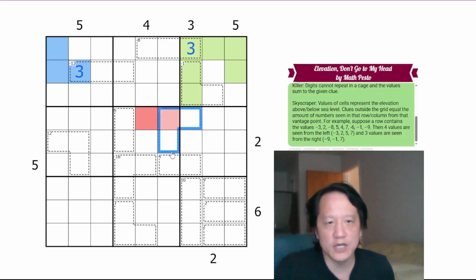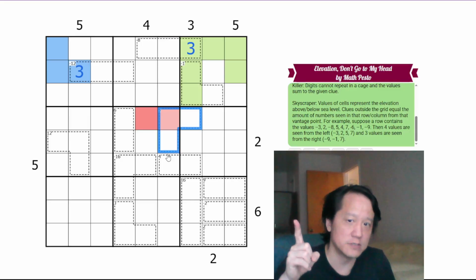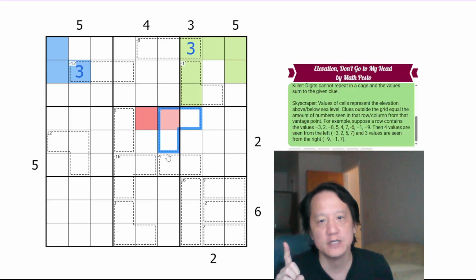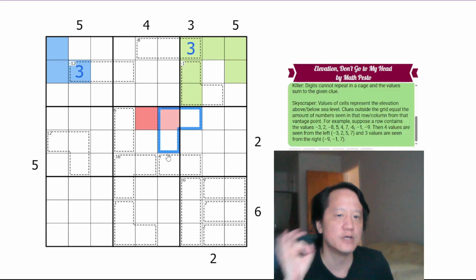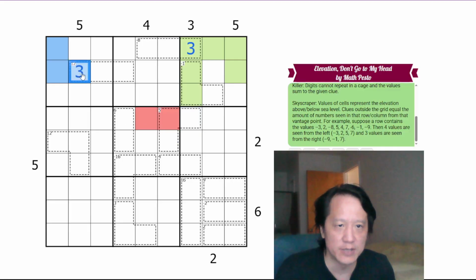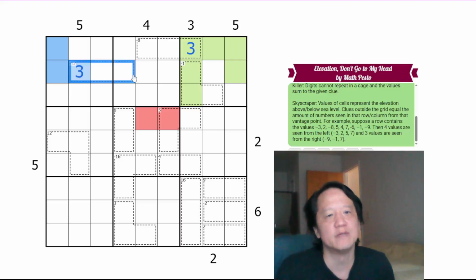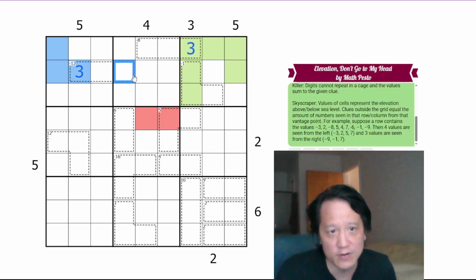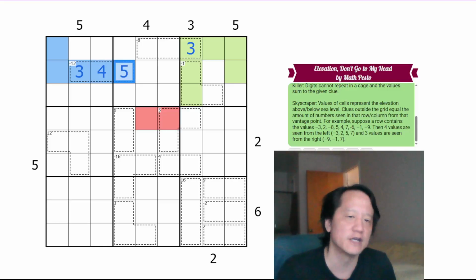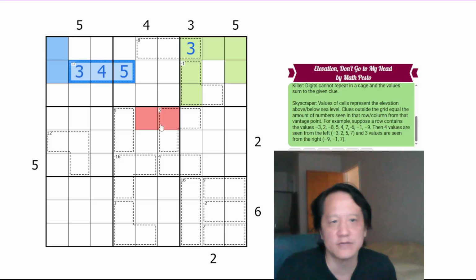We have killer cages, where digits cannot repeat in a cage, and the values sum to the given clue. So, for example, these 3 cells must sum to negative 12. We could potentially have all 3 water, with negative 3, negative 4, and negative 5, all adding up to negative 12.